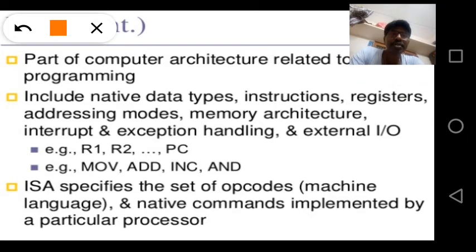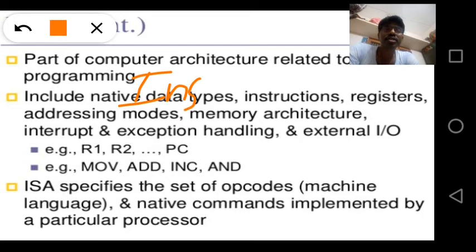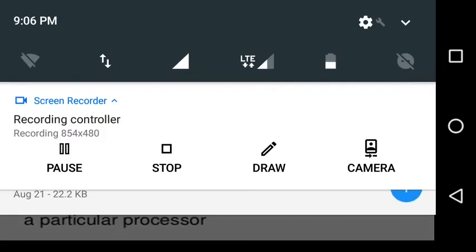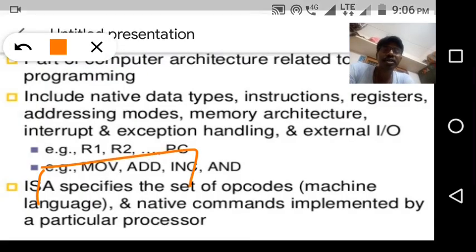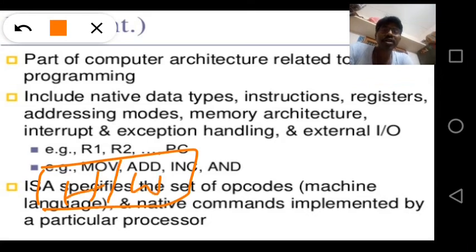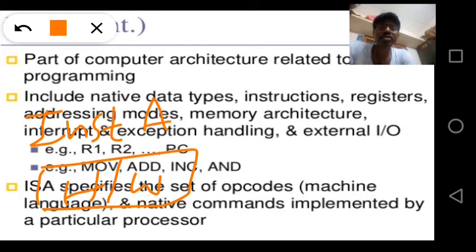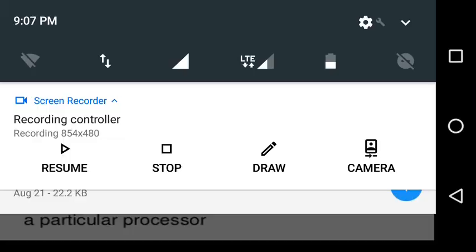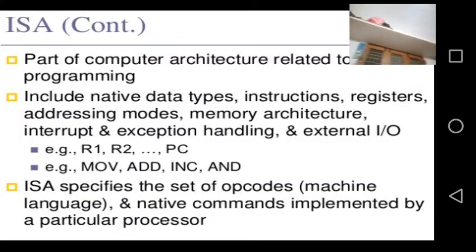Let's take an example of some instruction set which is getting executed on hardware. Let's say this is my hardware and this is called the instruction set.